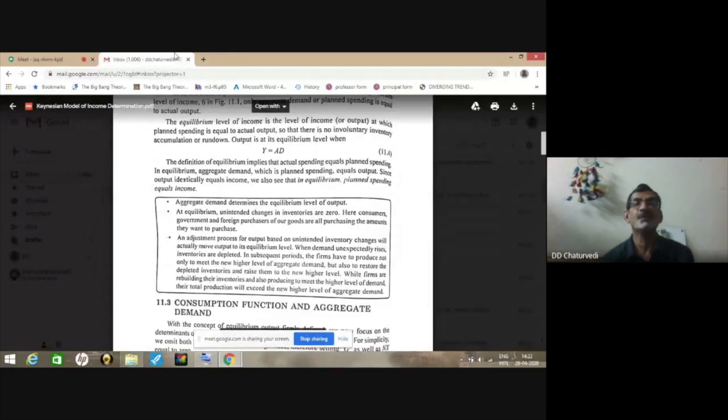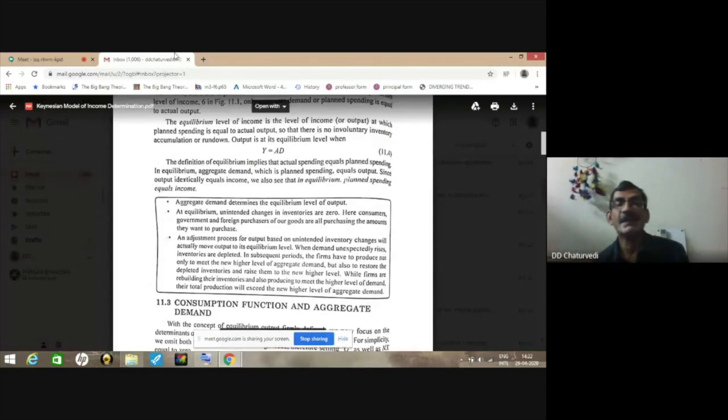So at the equilibrium point, aggregate demand is equal to the actual output level. So unplanned inventories will be zero. So there will not be any unintended changes in the inventories. So here consumers, government and foreign purchasers are all purchasing the amount they actually want to purchase.